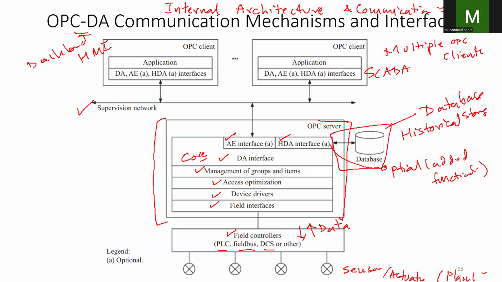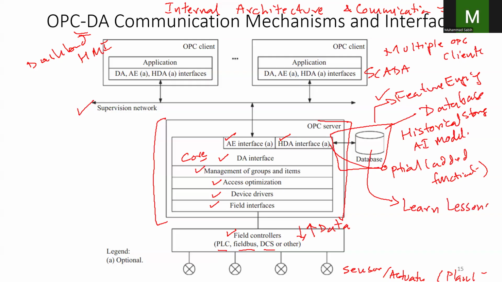This is very important for analysis, and very helpful these days for building AI models. This is where feature engineering happens, where you go and see the history, which is very important to learn lessons from the past.